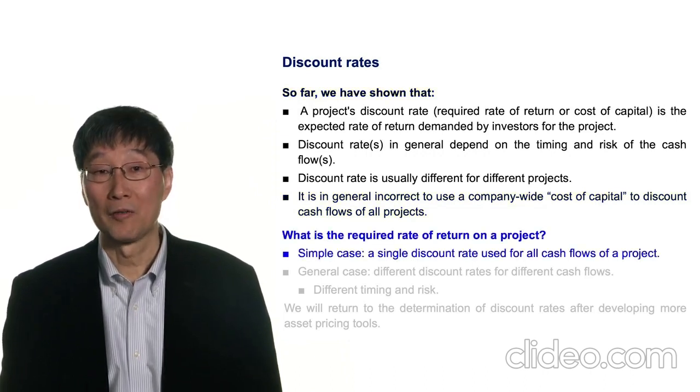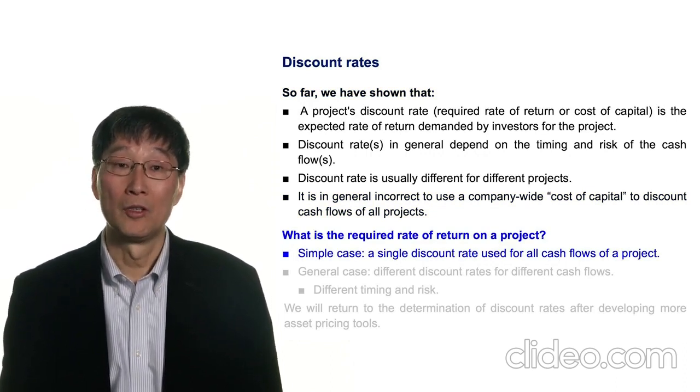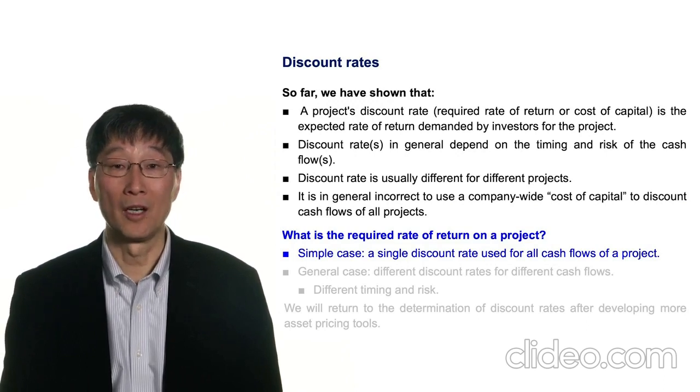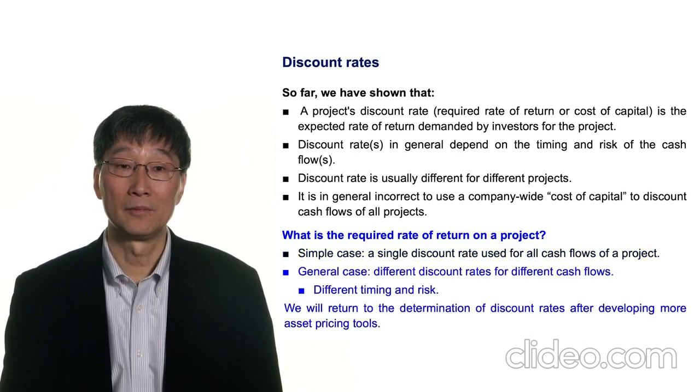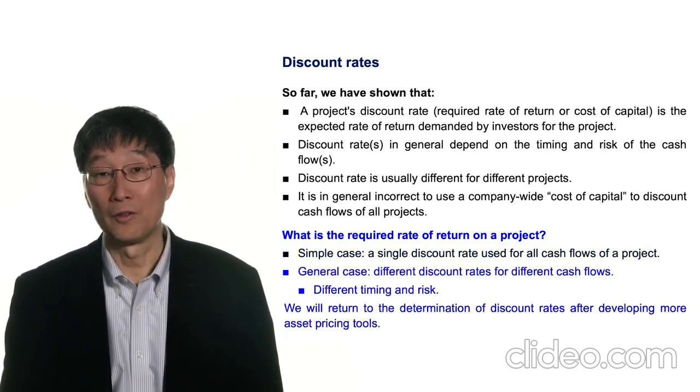What is the discount rate of a project? In the simple case, a single discount rate can be used for all cash flows of a project. This is mostly an approximation. In the general case, we need to use different discount rates for different cash flows, depending on their timing and risk.